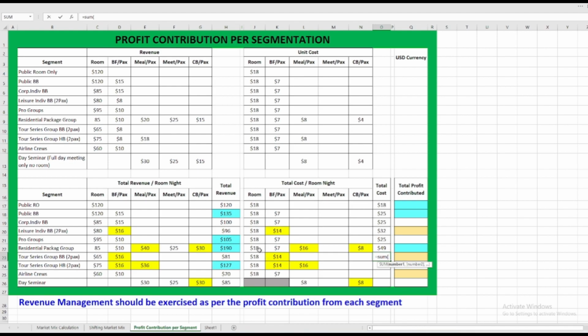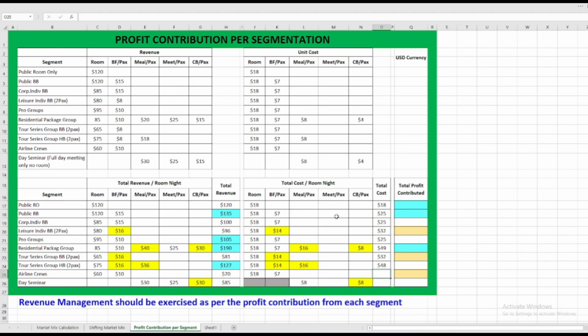The tour series bed and breakfast for 2 persons, 32. Tour series half board, total cost 48.